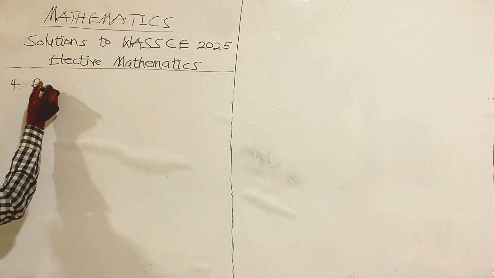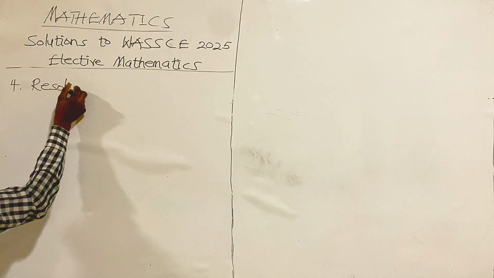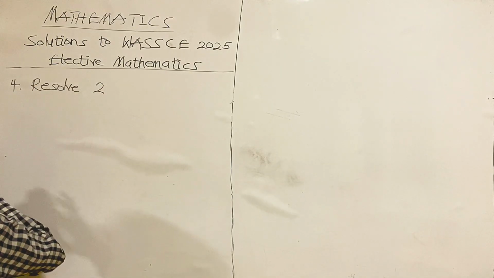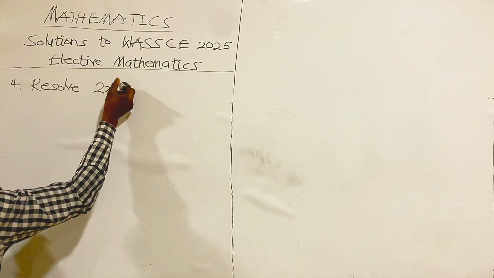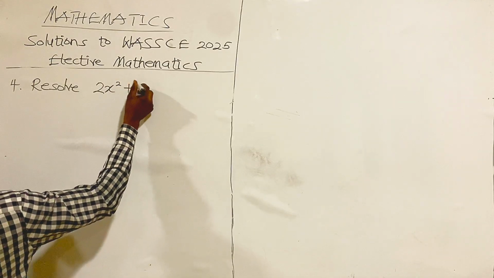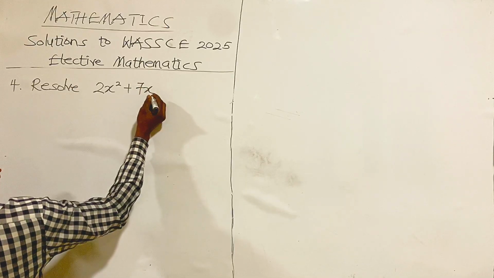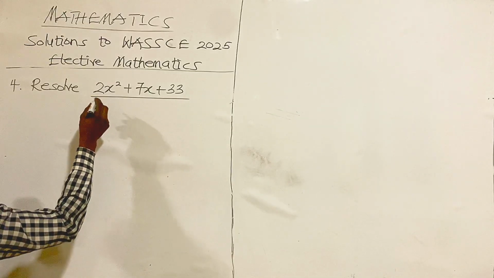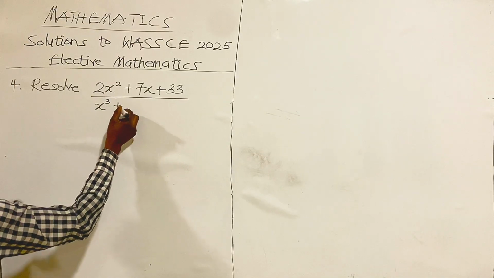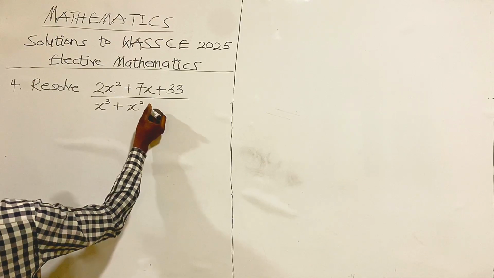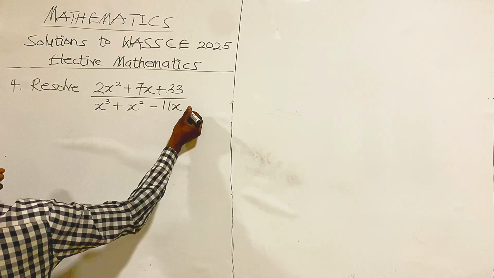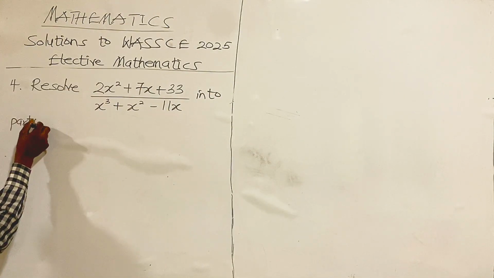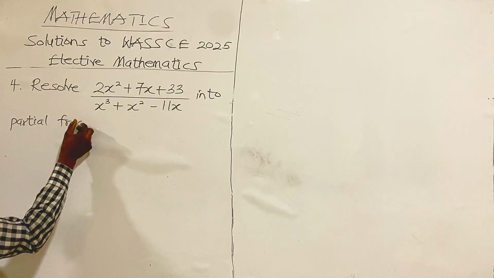Question 4. Resolve (2x cubed minus 2x squared plus 7x plus 33) all over (x cubed plus x squared minus 11x) into partial fractions.